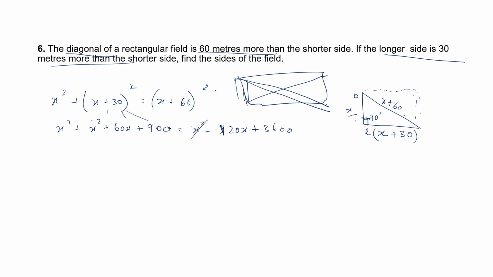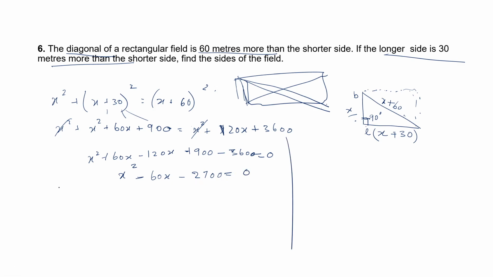So cancel the x square, take everything to one side, equal to 0. On solving this, you will get minus 60x minus 2700 equal to 0.